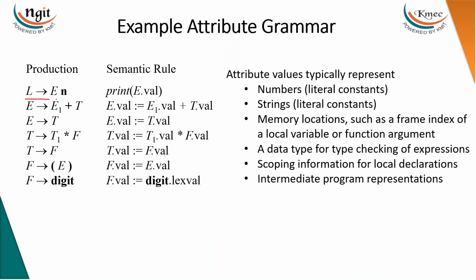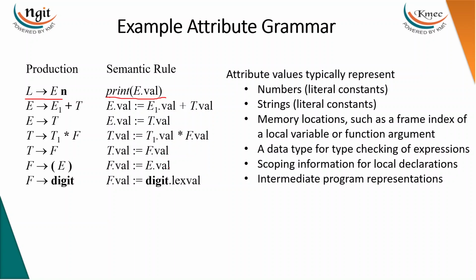See, this is the production and these are the action rules. We can also call them semantic rules. Whatever we are having here is called an attribute. Sometimes a non-terminal may have zero, one, two, three attributes, can be any.